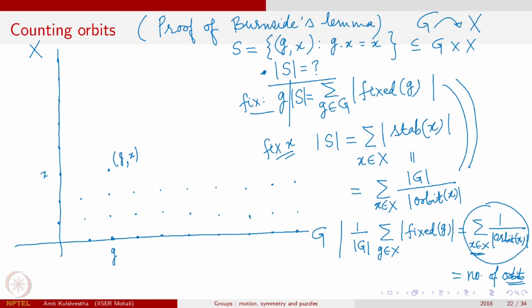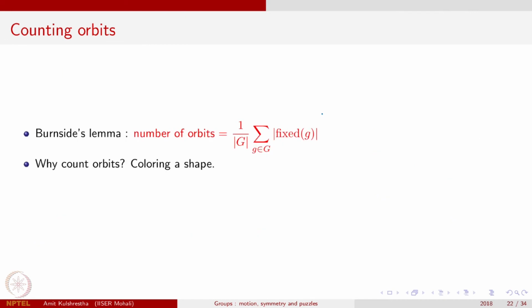What is the application of this? I'll present two applications of Burnside's lemma. Here is a quite interesting example, coloring a shape. Let me take a very simple one, a square, and suppose there are two choices of colors available to me, say red and blue.